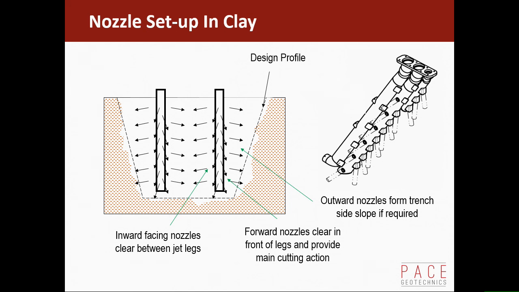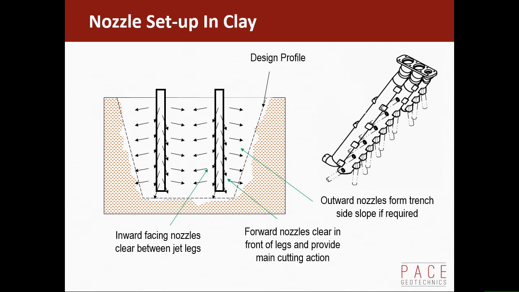But we also need to clear material out from between the jet legs, so you have some nozzles facing inwards. In some very soft clays, the trench side won't be stable, and we can actually cut at the slope on the side of the trench by having some nozzles jetting outwards as well.